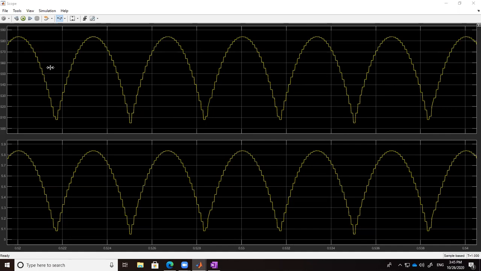Is this clear? So this is the output voltage and current without any kind of filter.